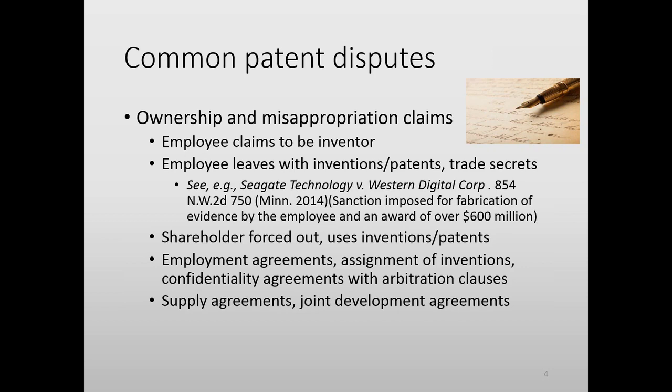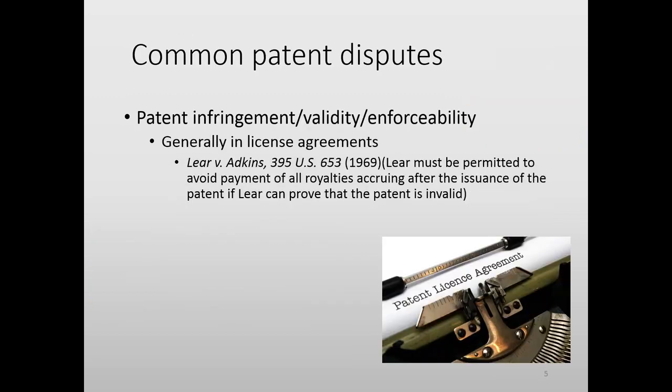Those would be ripe for patent issues entering into arbitration. Confidentiality agreements with arbitration clauses might have some patent related issues. And I know I've had supply agreements that have within them joint development agreements, and at times those lead to patent disputes.